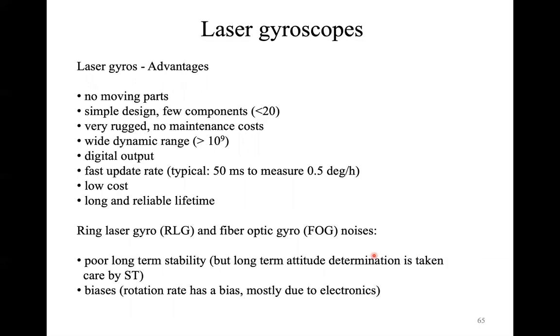Although the technology from the electronic point of view is much more complicated, it is a simple design. You have to determine a very compact instrument that, for example, the ring laser gyroscope depends on mirrors.